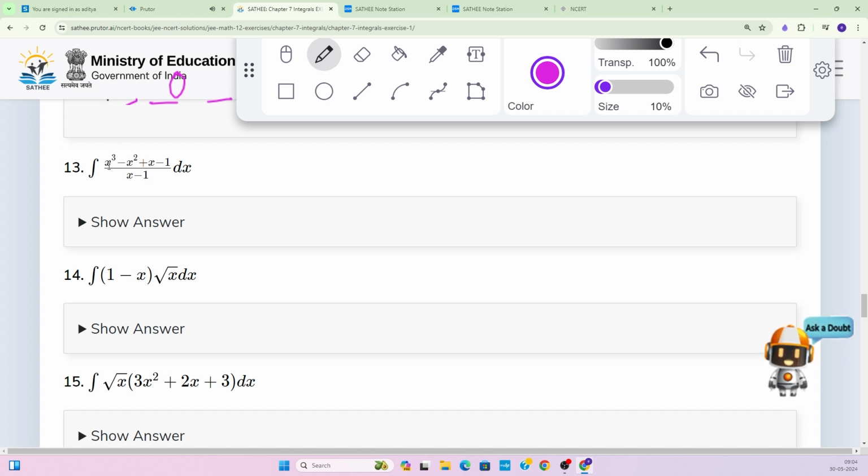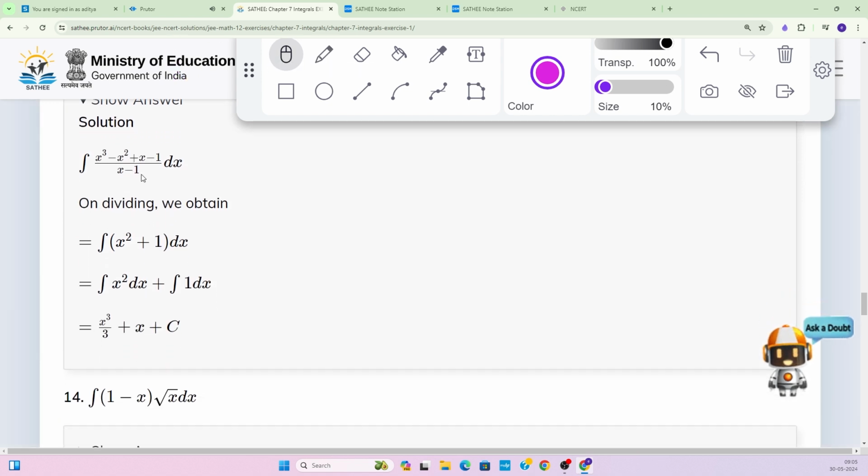Okay, you will be left with what? x square plus 1. So x minus 1 will be cancelled. You are only left with x square plus 1. So x square plus 1, now integrate it. You will have what? x cube by 3 plus x plus some constant. Okay, as you can see, x cube by 3 plus x plus some constant.